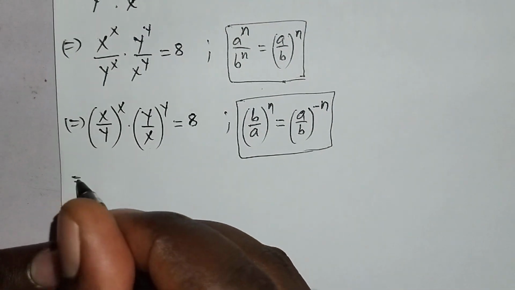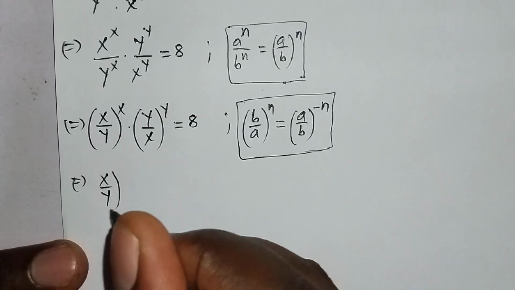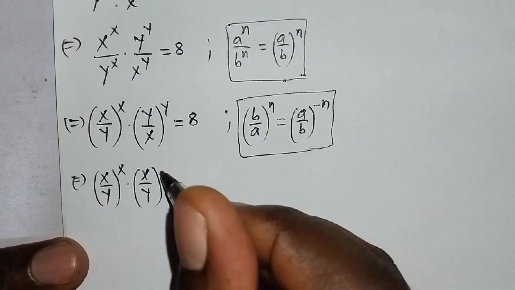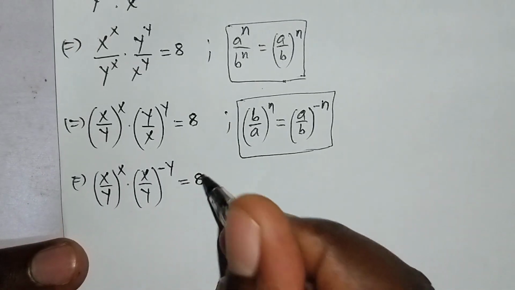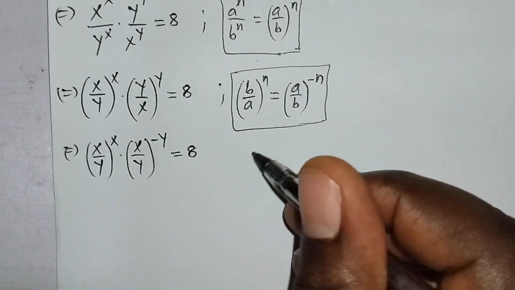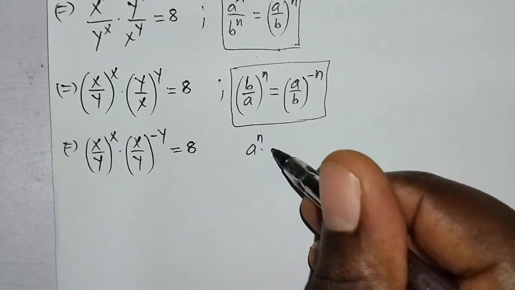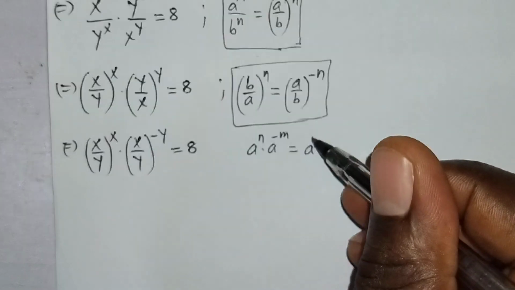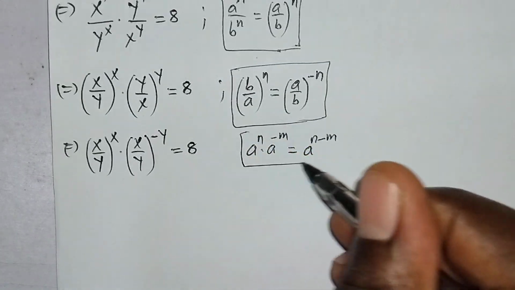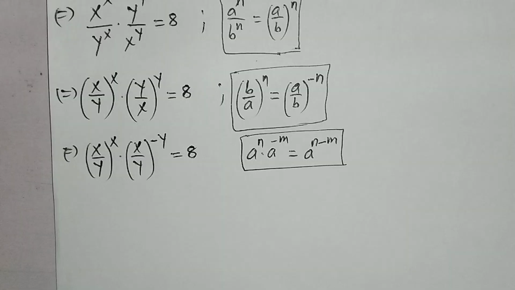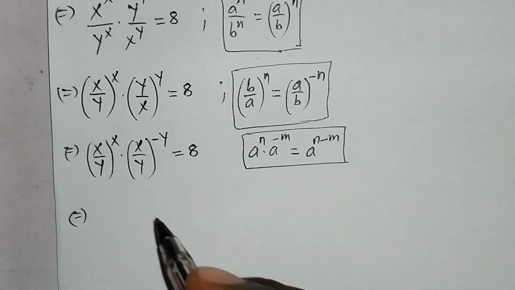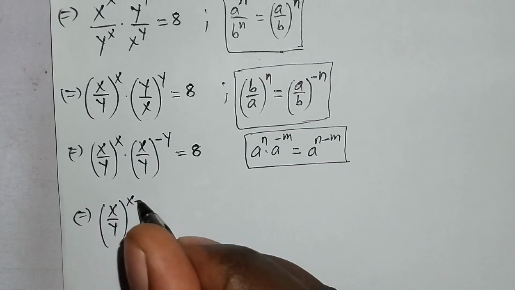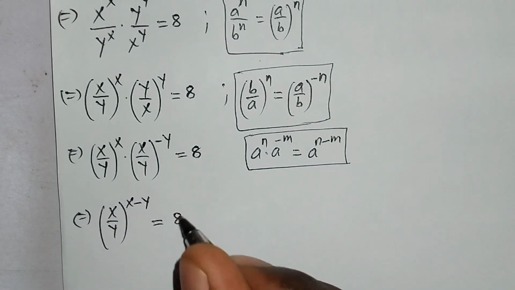So it is x over y power x times x over y power minus y, which is equal to 8. And when you have a power n times a power minus m, it is a power n minus m. So it is x over y power x minus y, which is equal to 8.